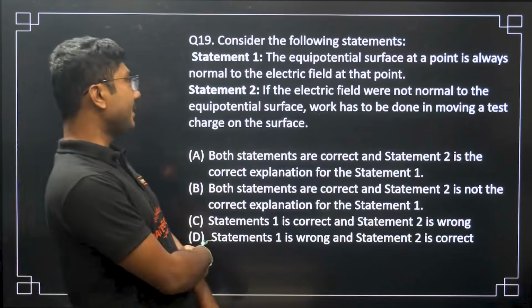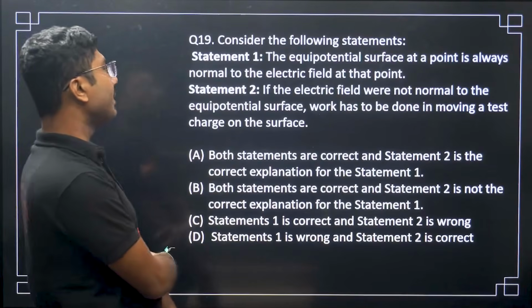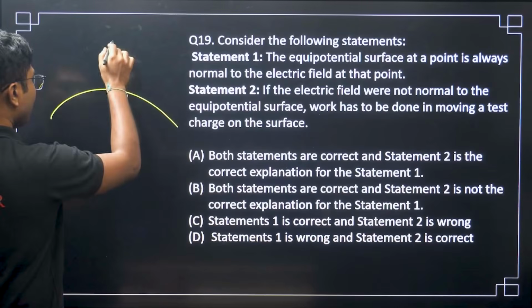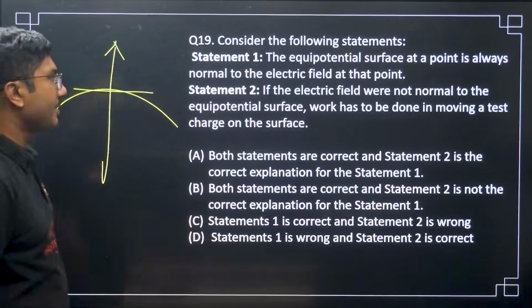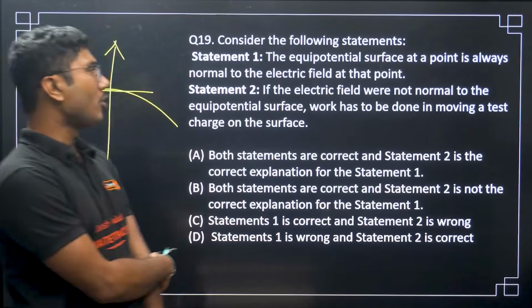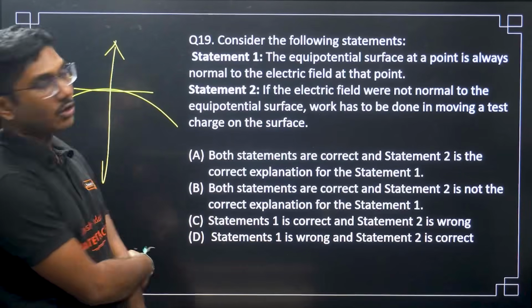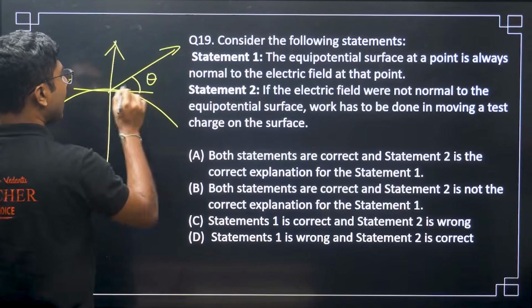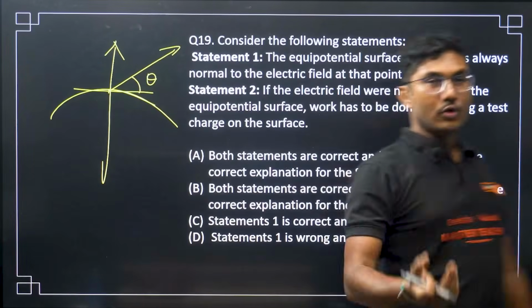Consider the following statements. Statement 1, the equipotential surface at a point is always normal to the electric field at that point. This is the correct statement. If the electric field were not normal to the equipotential surface, work would have to be done in moving a test charge on the surface. If it is at some angle theta, then you have to do some work because P dot E will not be 0.